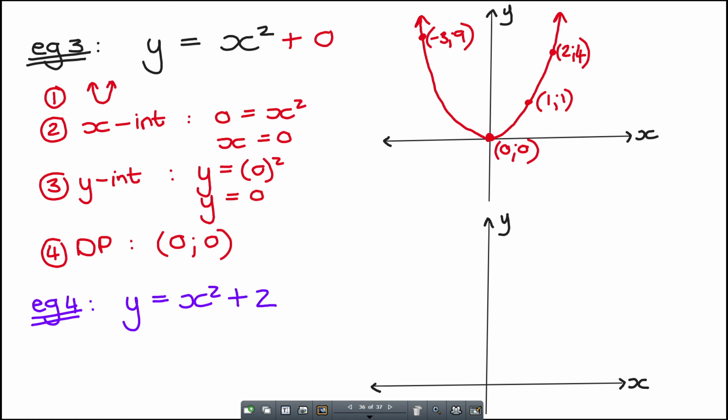Now, what I want you guys to see is that is basically this graph, 2 eenhede opgeskuif. Nee. Want, waar gaan my draaipunt nou wees? Nie weer by 0 en 0 nie, maar by 0 en 2. Do you guys understand? So that's now going to look like that. Hy gaan nou hier sny by 0 en 2.